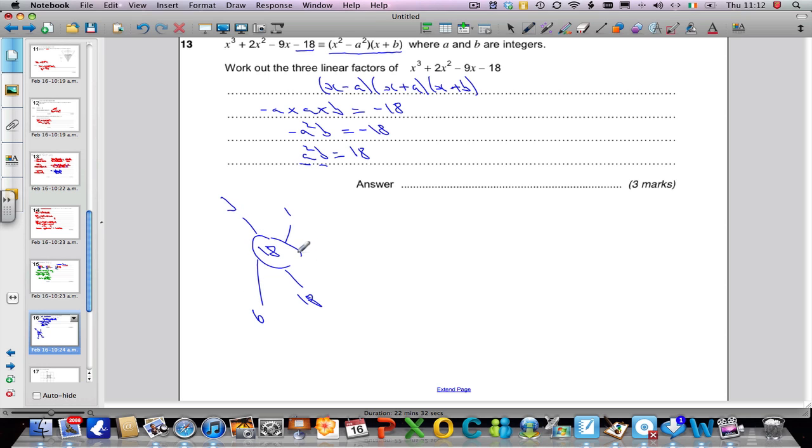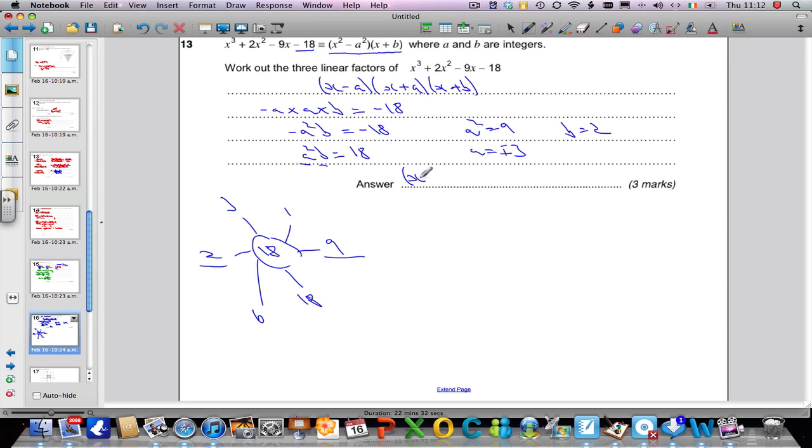No good. However, 9 and 2. 9 is a square number, 2 is not. So 9 and 2 work beautifully here. So if a squared was 9, that means a equals plus or minus 3, and b must be equal to 2. And that's a fairly quick way of doing that question.